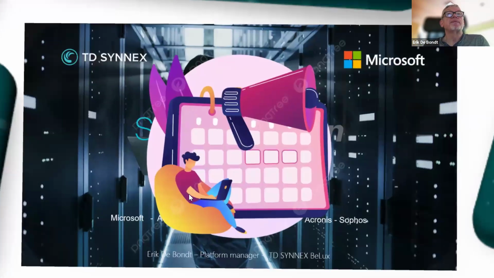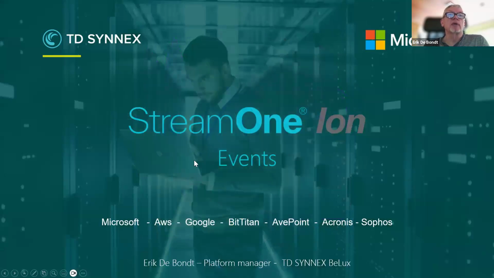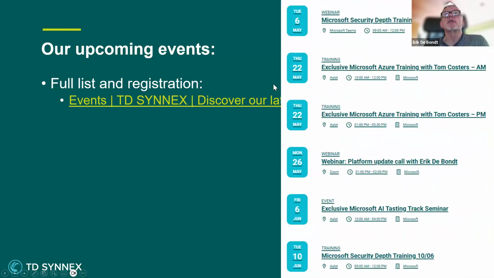Upcoming events. What else do we do out of the hyperscalers team? Here you can see the latest events. If you click on it, you will get this list. So it's the Microsoft Security in-depth training on the 6th of May, so next Tuesday.